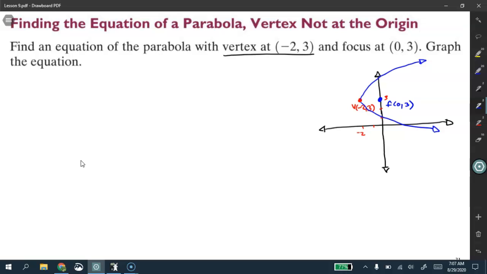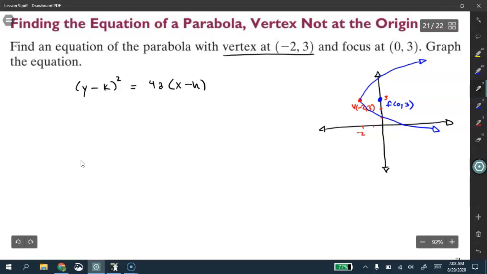So when it says find the equation of this parabola, it's actually not that hard to do. You know that it's a parabola that's opening rightwards, so let's write down the generic equation for that sort of parabola. We know that it's (y minus k) squared is equal to positive 4a, because it's facing towards the right, times (x minus h), right?